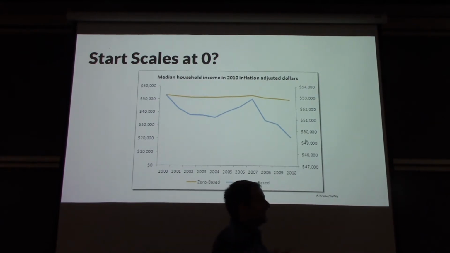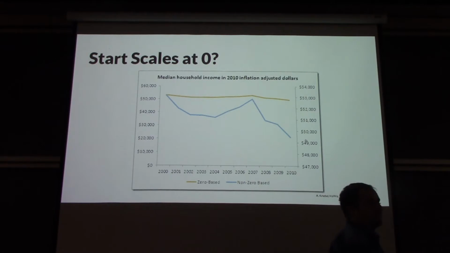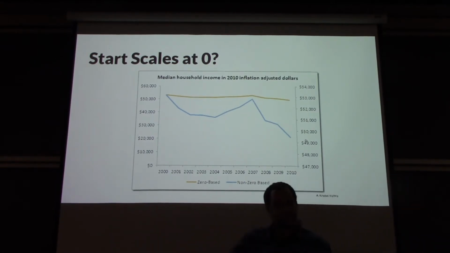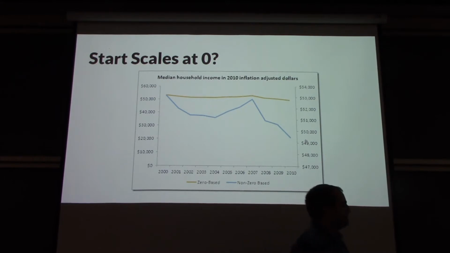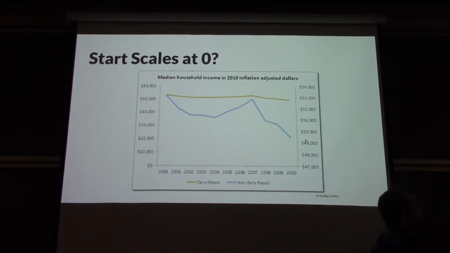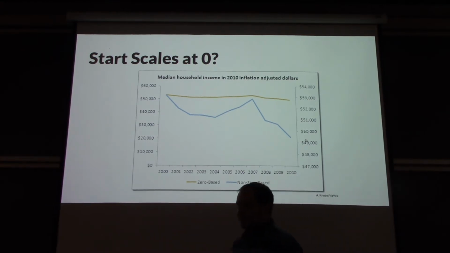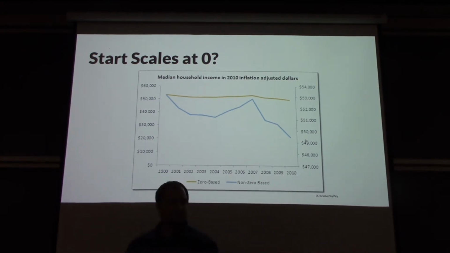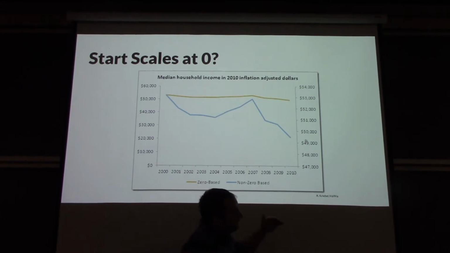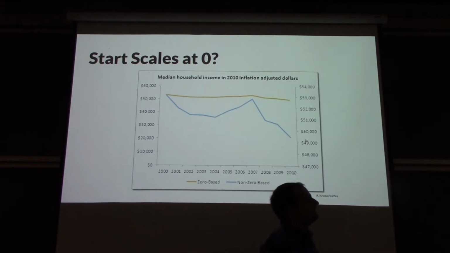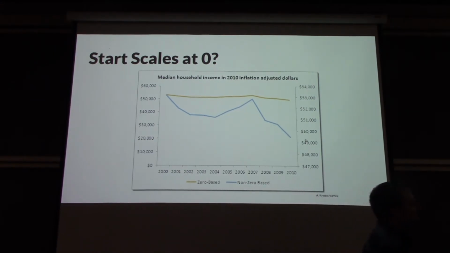And so what are the benefits and drawbacks of those two approaches? With the non-zero base, you can actually see a story. Exactly. So the variation is very little if we have the zero-based scale, right? We see a hint, a little bit of a peak, but we don't see the details. And if we have a non-zero-based scale, we can actually emphasize that effect.